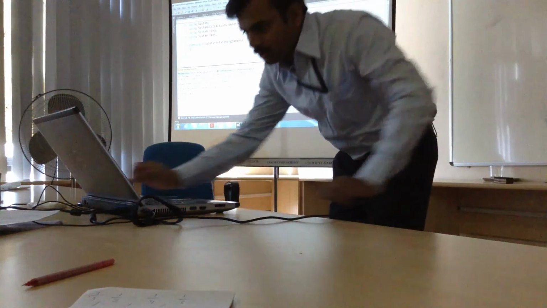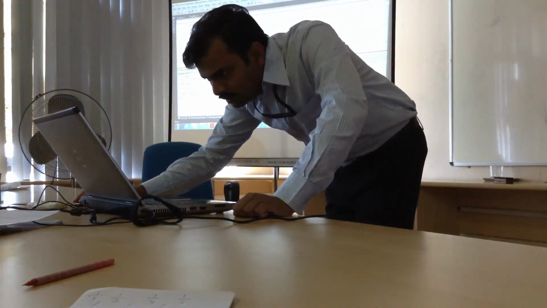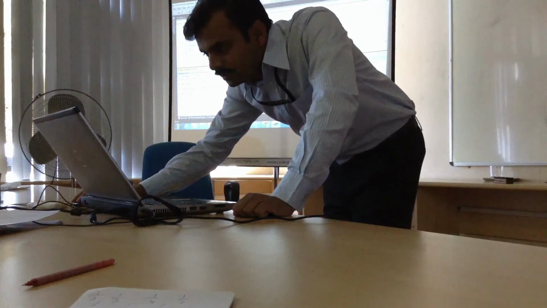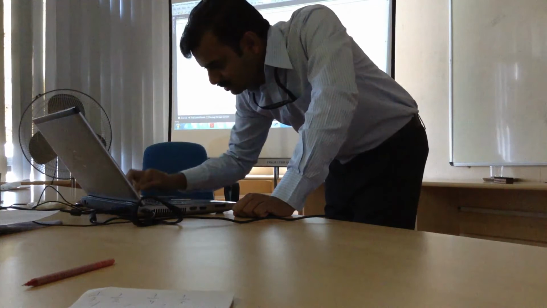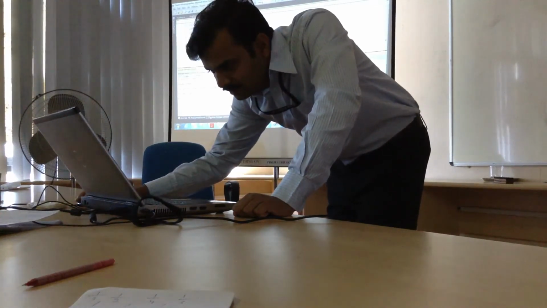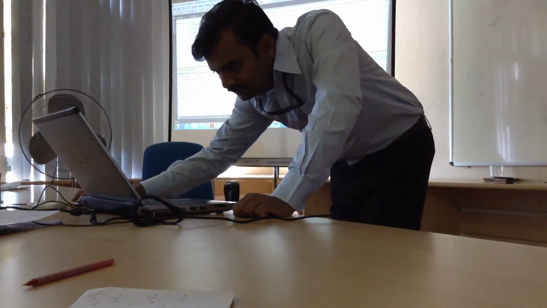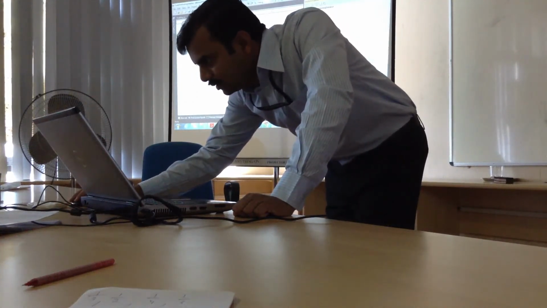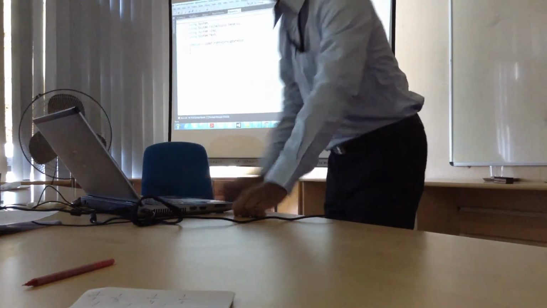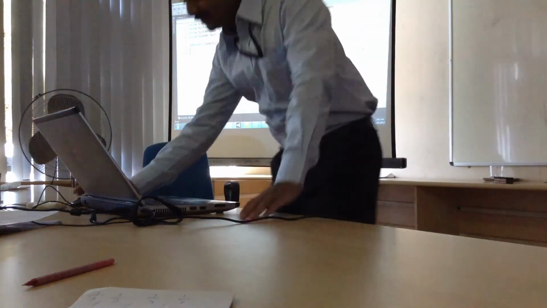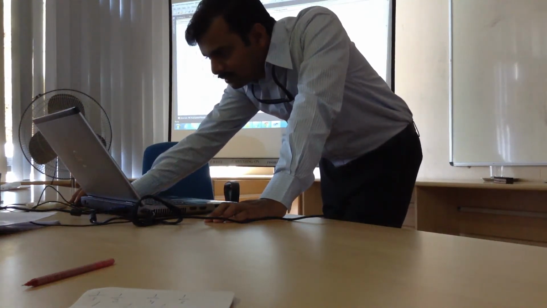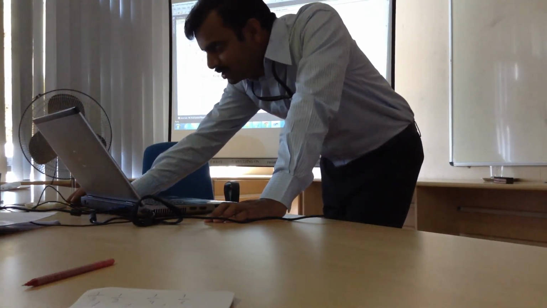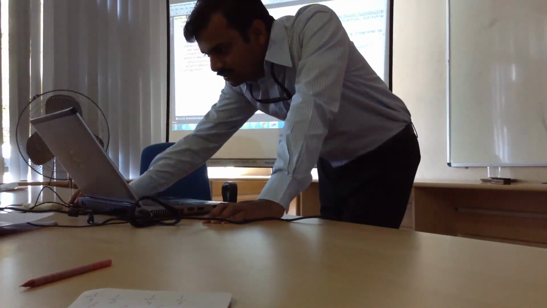What is the problem? Same problem. Why is it not running? This connection is not there. The context is actually for the connection strings, right? If you go to the app config, the connection string is already present, right?